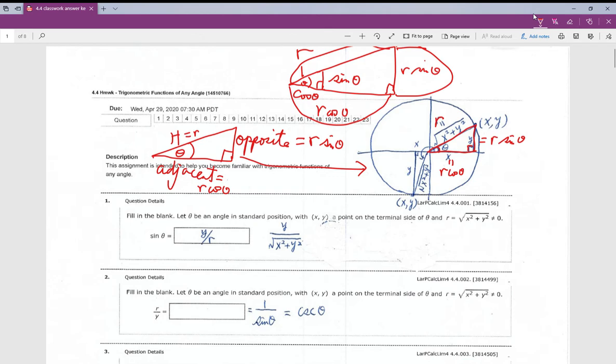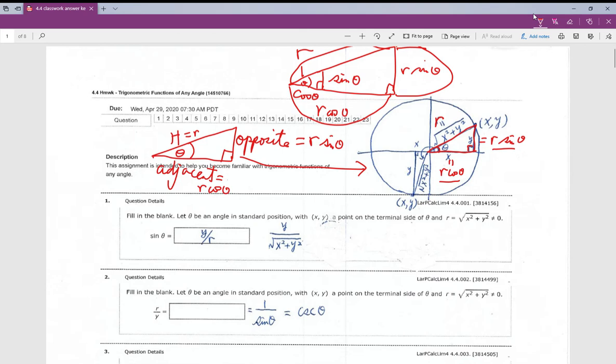And the same thing, if the radius happens to be 1, then this will be 1 times sine theta. This will be 1 times cosine theta. So that's a little bit of relationship I want to review for you. So the opposite side is y, and y actually is r sine theta. When r is 1, then y equals sine theta.